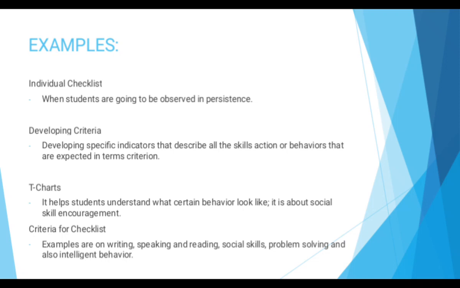The third example is the T-charts. The T-charts help students understand what certain behavior looks like. It is about social skill encouragement. And lastly, the fourth example is the criteria for checklist. Examples are on writing and reading, social skills, problem solving, and also intelligent behavior.